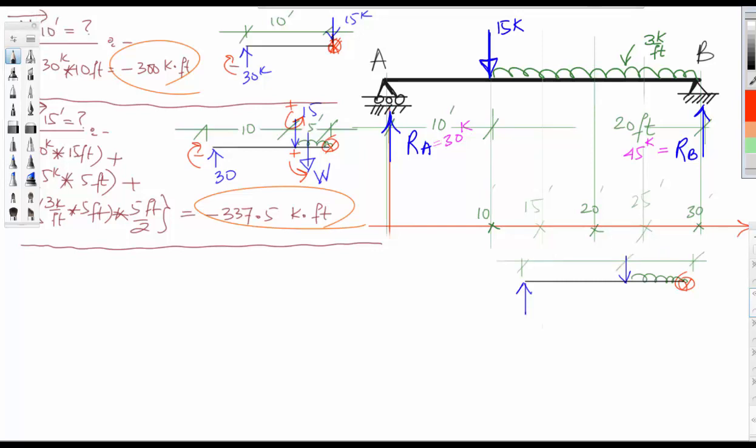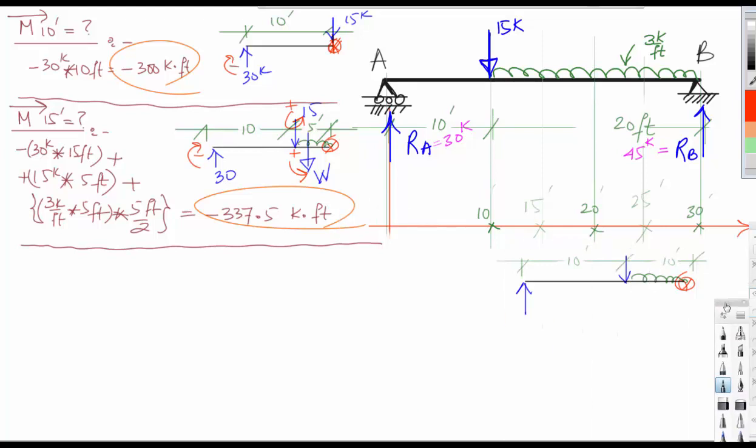This is 10 feet, and in this case we are doing a distance of 20 feet, so this is another 10 feet.